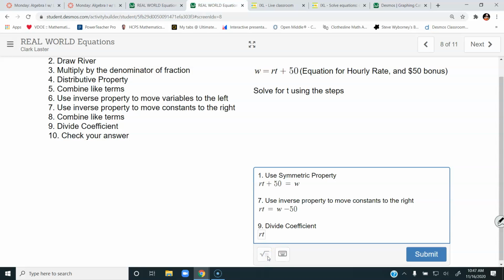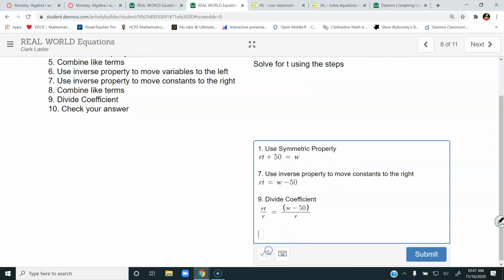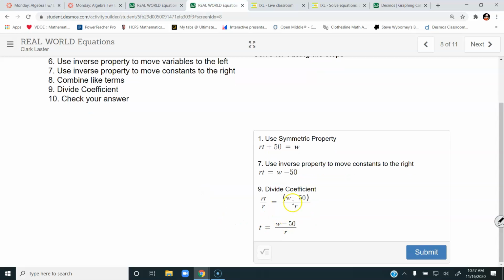You guys will get to a point where you don't need it as 2 steps anymore. T is equal to W minus 50 divided by R. Okay, so this would then become the formula, T equals W minus 50. And again, I can do W minus 50 by highlighting it and hitting divide. So you can do it that way if you prefer. Okay. It's better practice to put it in parentheses, but you can do it either way. But the R has to be underneath both.